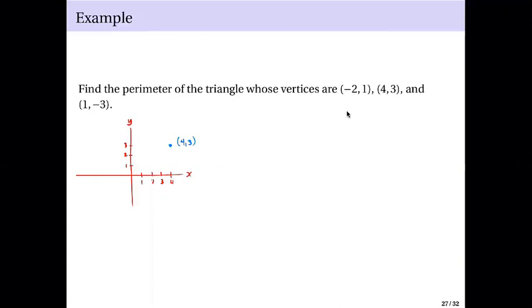Then the other vertex is (-2, 1). So let us have this negative 1, negative 2. So this is negative 2, and then this is your positive 1 for the y. So the point may be somewhere here. So this is (-2, 1).